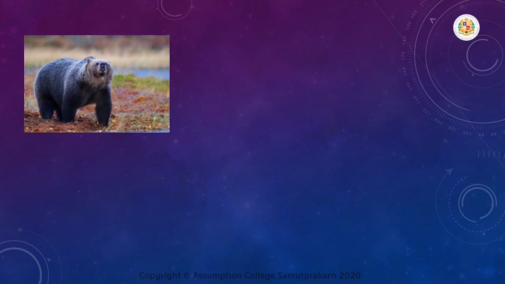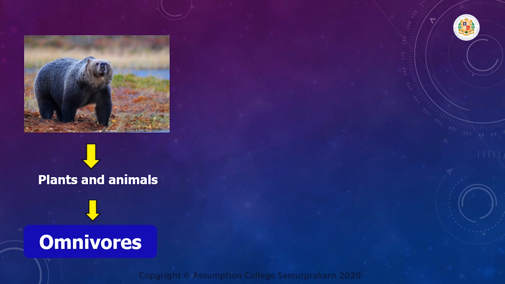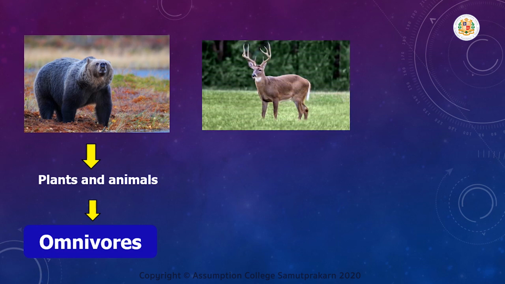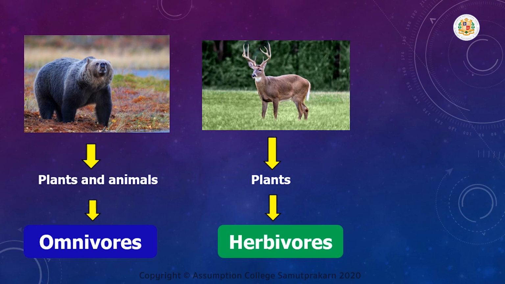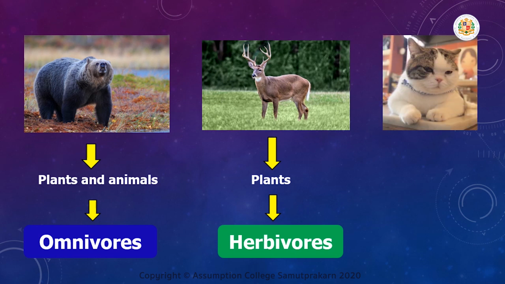Next is a bear. Bear eats plants and animals, and they belong to the omnivores group. A deer eats plants, and deer becomes the herbivores group.